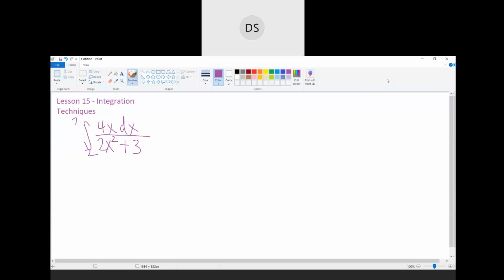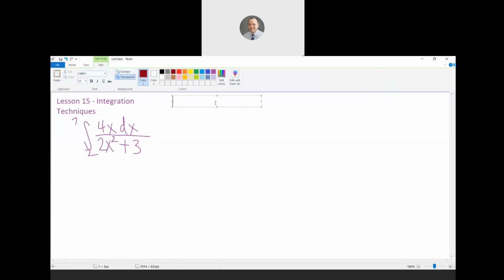Okay, lesson 15. We are talking about some more integration techniques. Let me recap the techniques that we've done so far in Cal 1 and Cal 2: using the power rule in reverse, u-substitution, and basic formulas like hyperbolic cosine, for example.